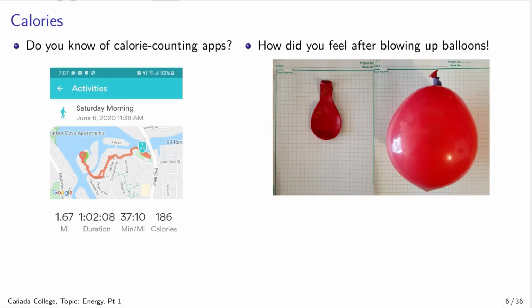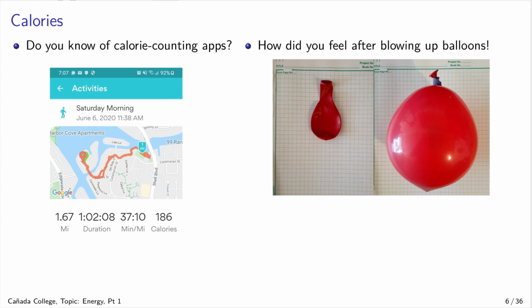Here's another thing to look at. You did an experiment where you blew up a balloon many times, or probably blew up many different balloons, and in that process you realized that you might have started sweating, maybe, right? And you had to take a break between blowing up balloons. So what is going on here?